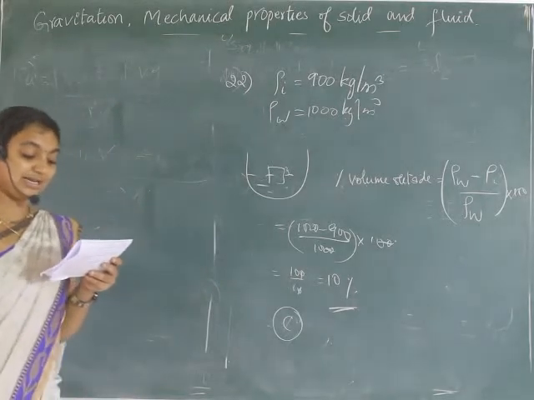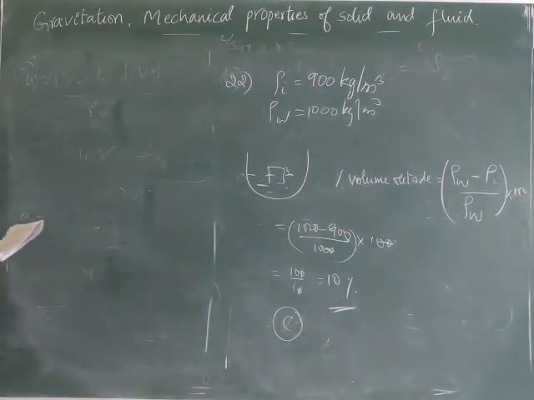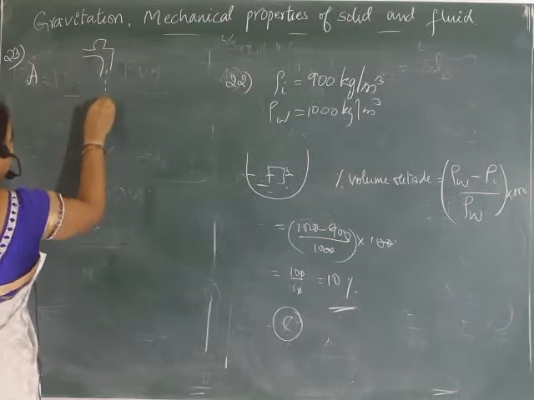The cross sectional area of the stream 0.15 meter below the tap is? So you have to calculate the area below the tap. Question number 23. If this is the tap, water is coming out.